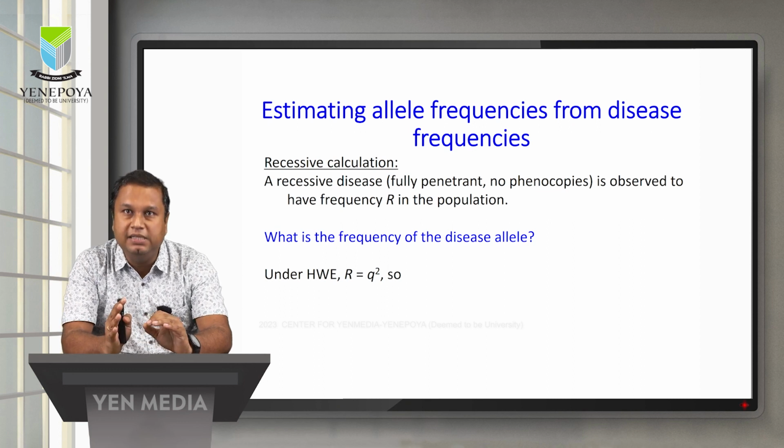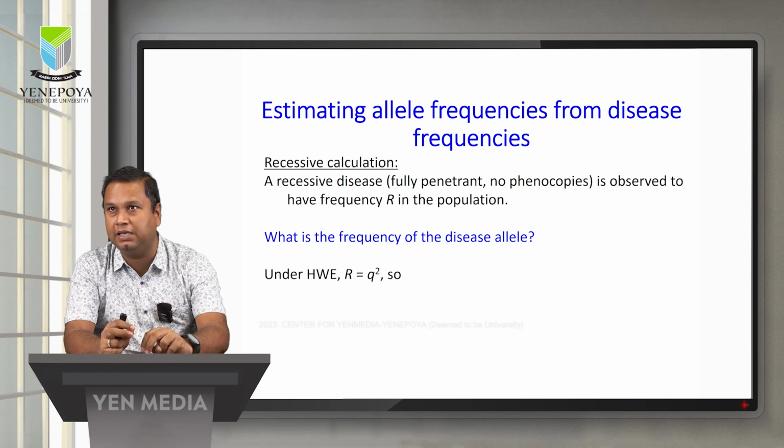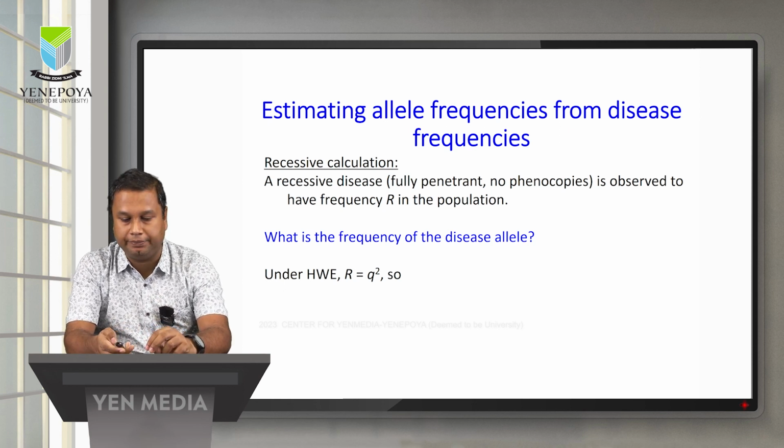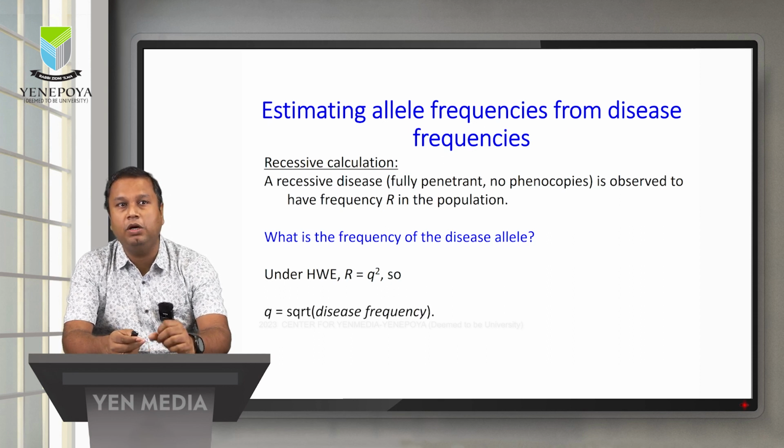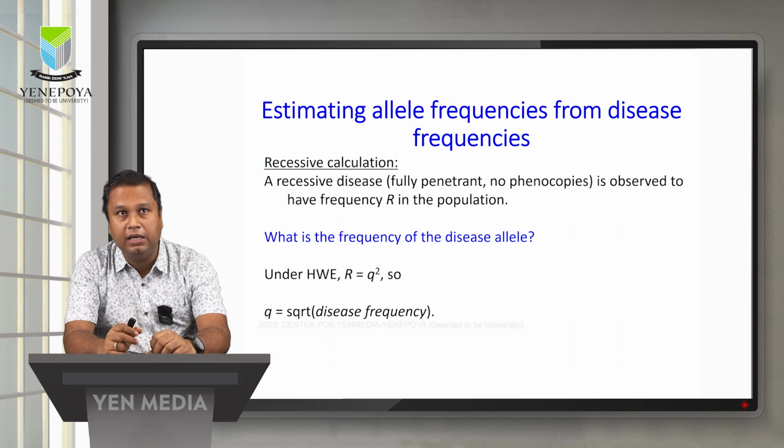Since this is a recessive disorder, it can only arise if both bad copies are present. That means R equals q square. So very simple, q will be square root of R. That means in case of recessive disorders, the recessive allele frequency will be the square root of R, which is the disease frequency.